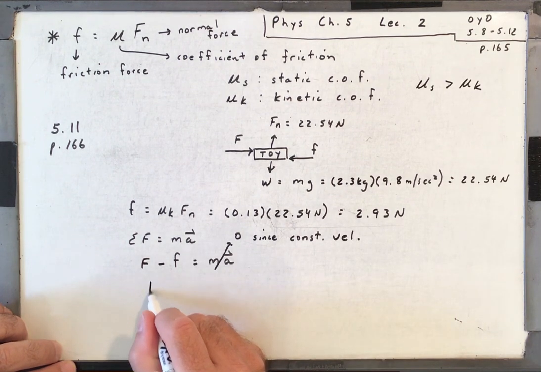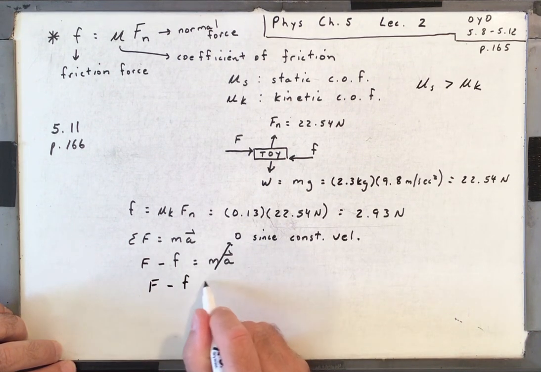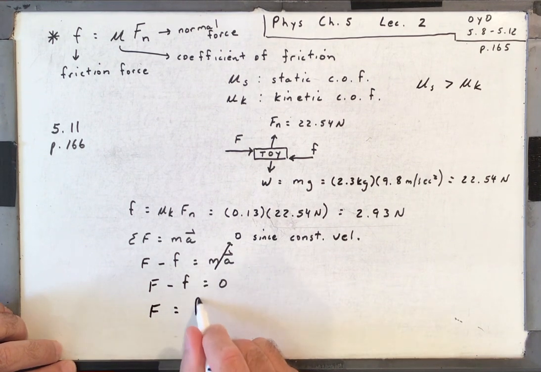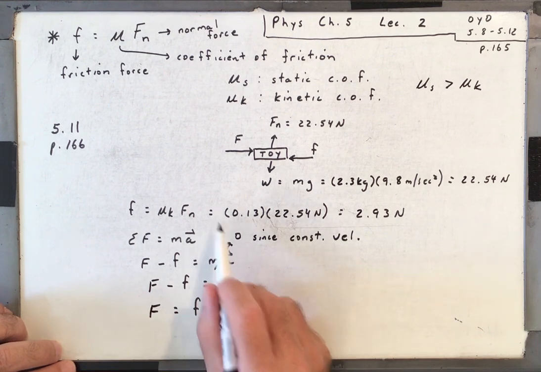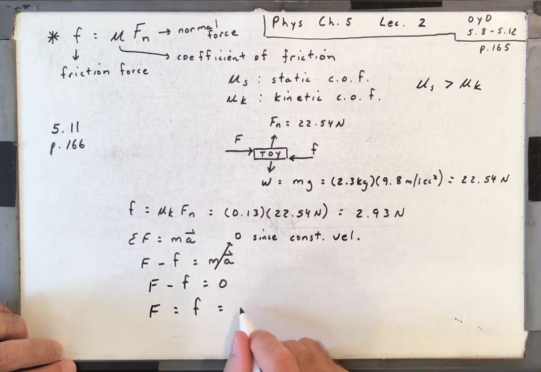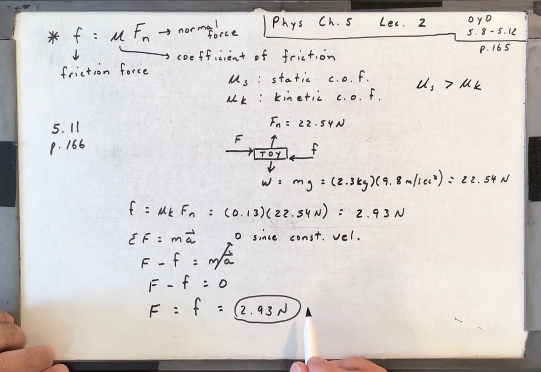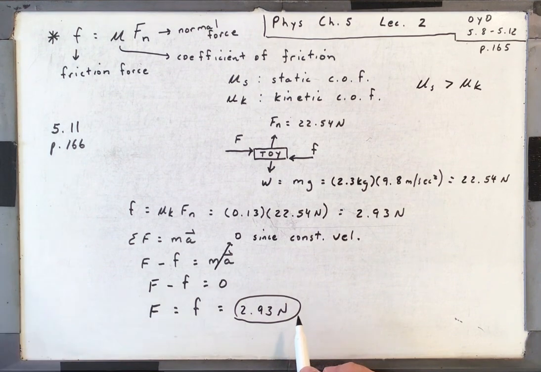So big F minus little f is equal to 0. Big F is just equal to f, which we figured out, 2.93 newtons. A pretty cool problem there. If you're moving at a constant velocity, that makes the math quite a bit easier.